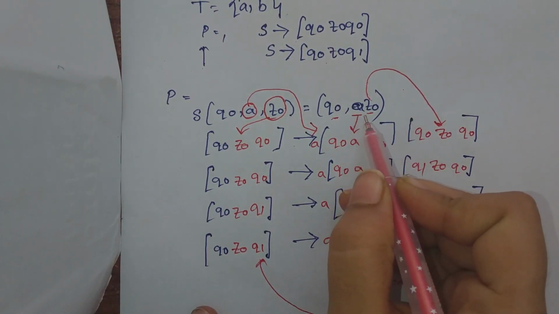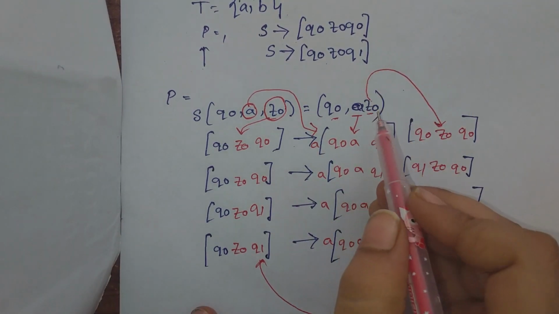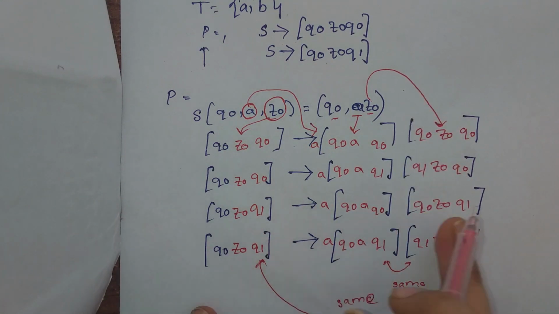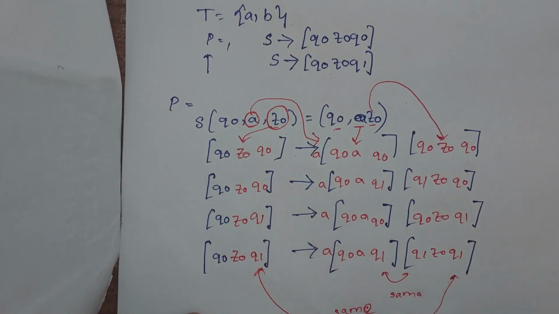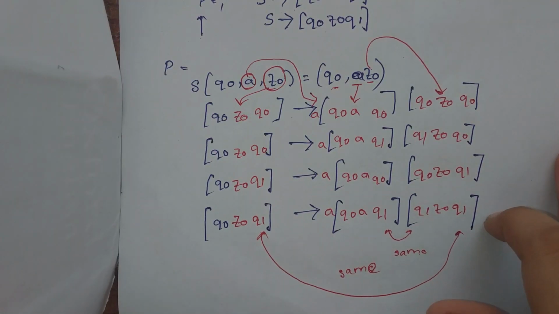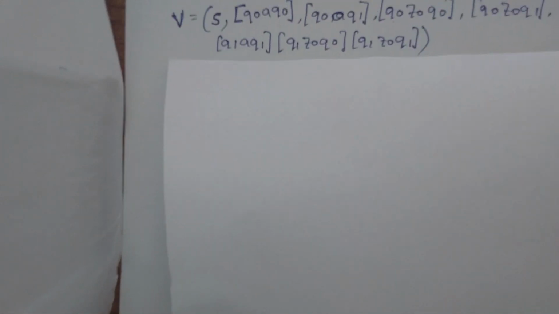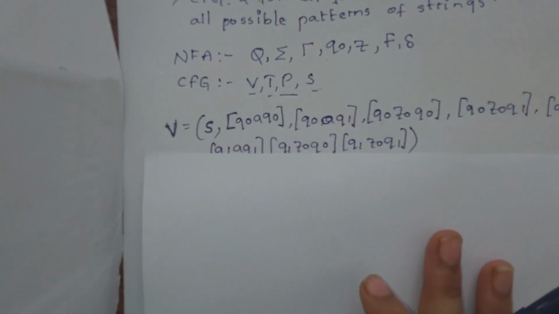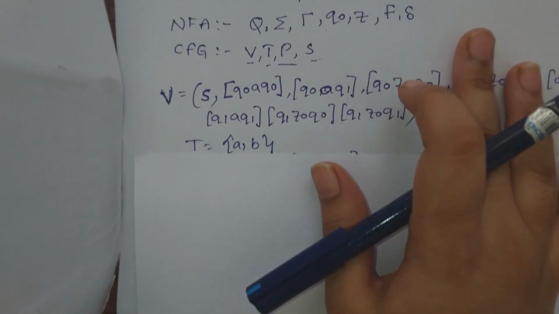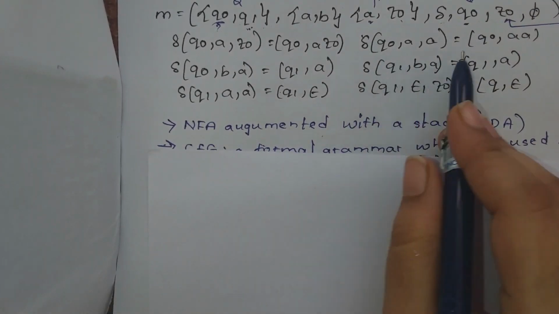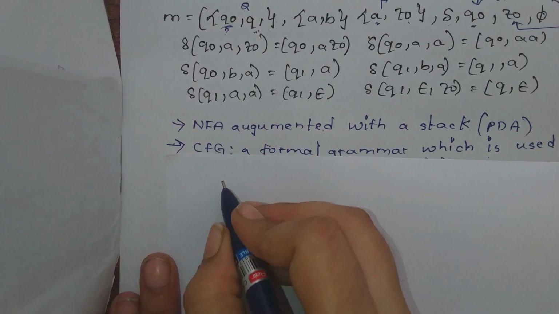So what have we written? We have four symbols, and as the length is 2, we have 2 power 2, which is 4. So we have considered 4 instances, and now consider another one, and then you will get this.